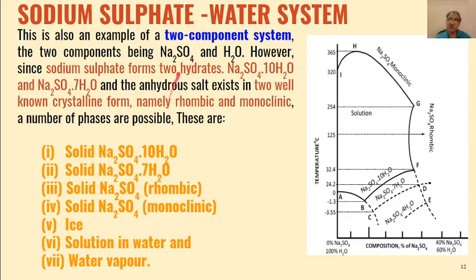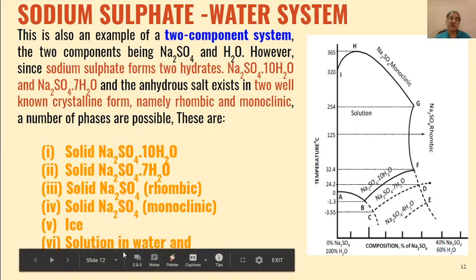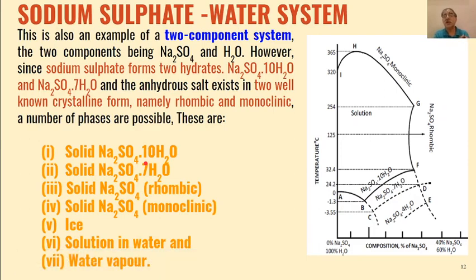So on the basis of these differentiations, there are 7 phases which are possible in different equilibria.